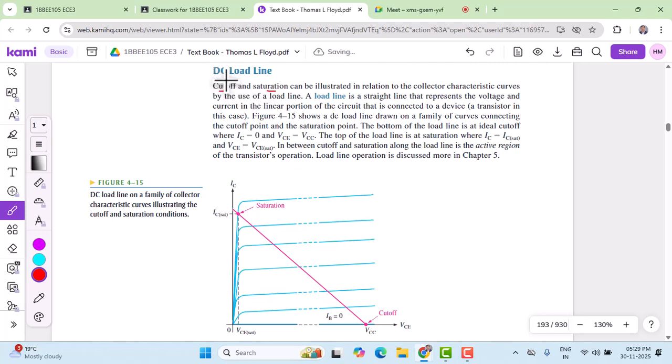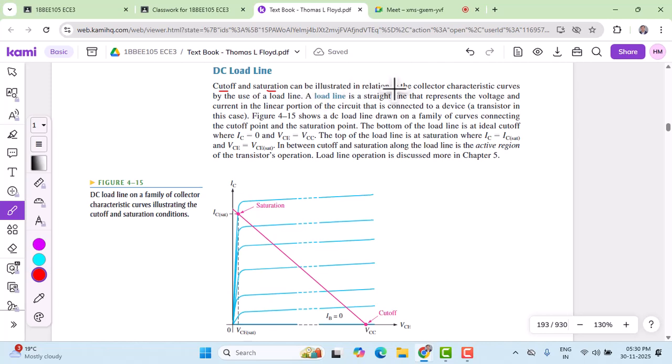We mentioned that to operate the BJT in the cutoff region, we have to make the base current zero, and saturation is the one which decreases the collector emitter voltage and forward biases both junctions, whereas cutoff reverse biases both junctions. So we are seeing two extreme limits of the BJT, and with the help of the DC, meaning direct current, load line, we can understand the cutoff region and the saturation region in a better way.